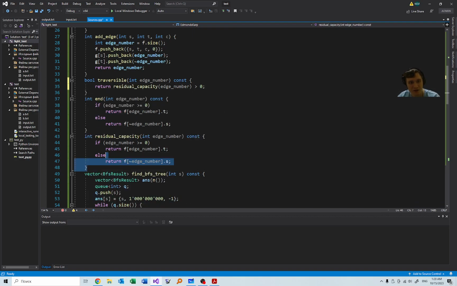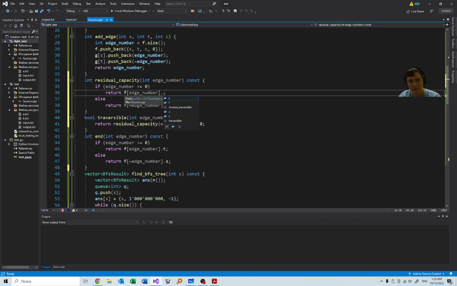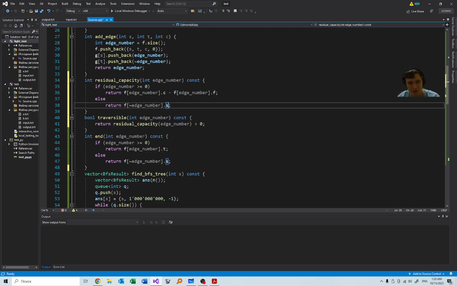Okay, let's find residual capacity. If the edge number is at least 0, then we just need to subtract capacity and flow. Otherwise, we just need to return the flow.